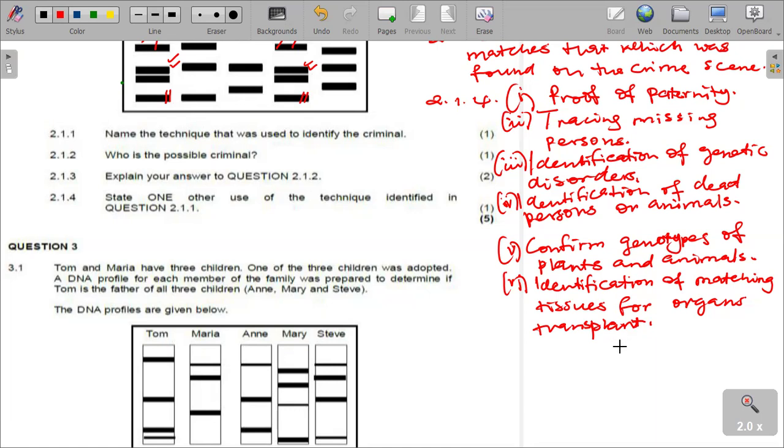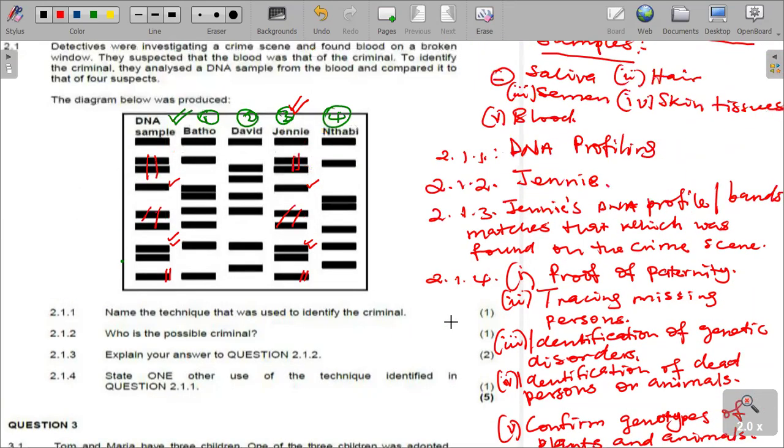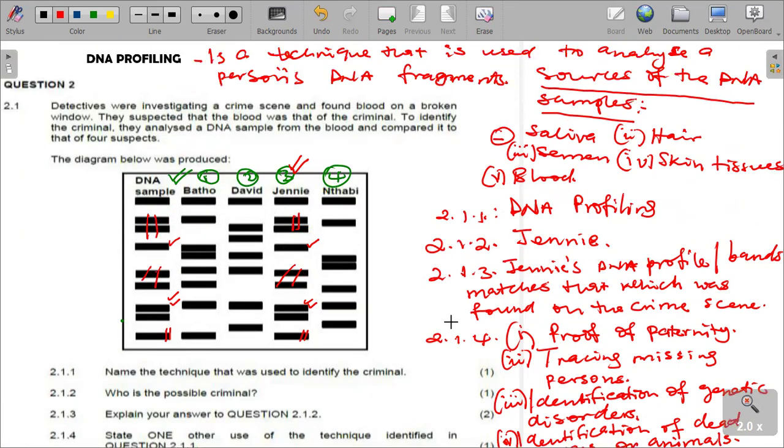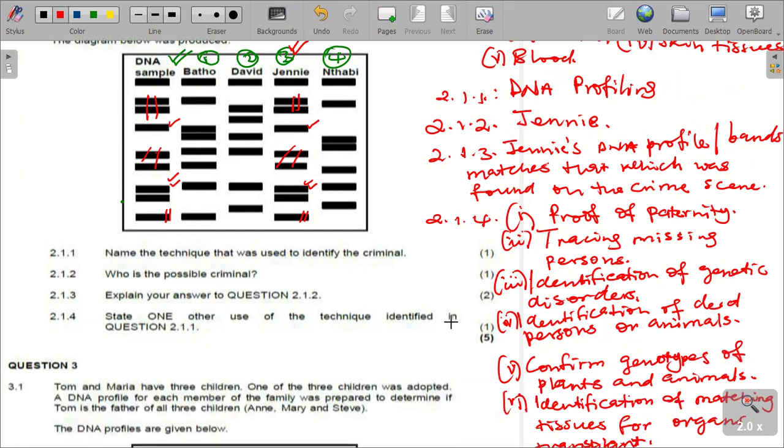Let's just answer the last part of our question. The DNA profile that we have seen here is a different scenario, an investigation of a criminal case, where a criminal case was being resolved. But we also gave the uses of DNA profiling, which is question 2.14.